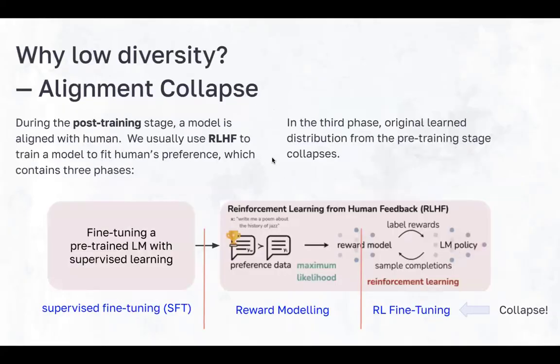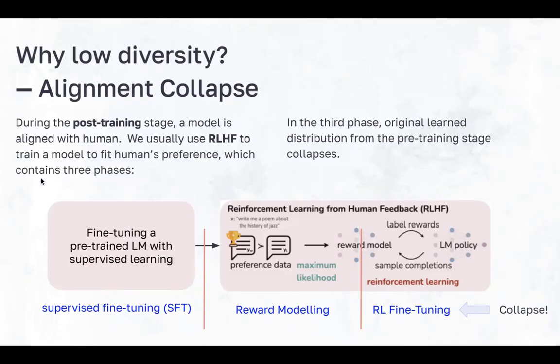And why is diversity low? It is due to the alignment collapse. Here we can see the whole process of a traditional RLHF. During this post-training stage, the model is aligned with humans.